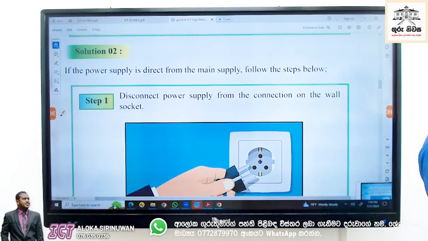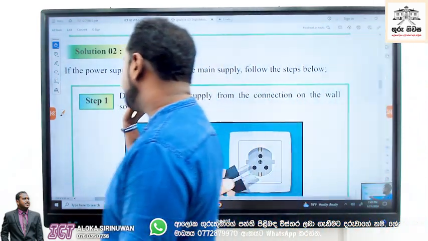Okay, solution number 2. Underneath that, step number 1.